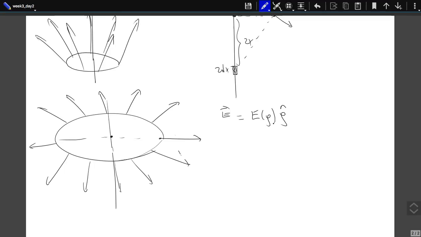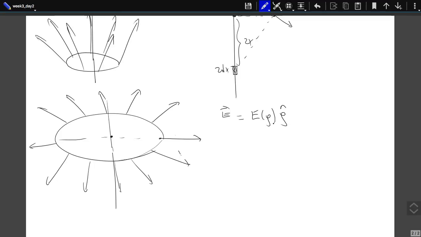Now, if the electric field is in the rho direction, pointing away from the wire, now the area whose area vector is perpendicular to that one is... a cylinder? No. You see, I have this cylinder. If you imagine the cylinder, this is the area vector, perpendicular to the area, right?